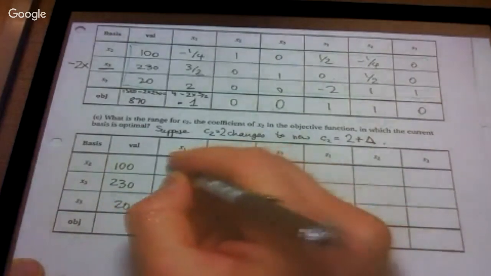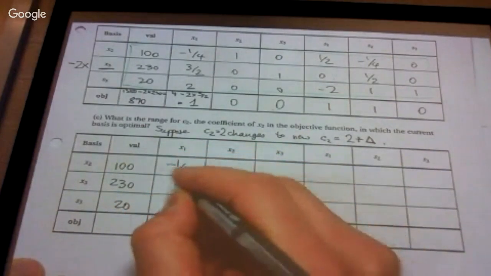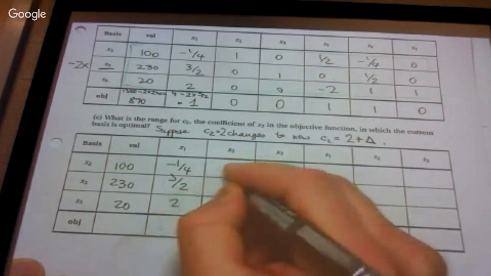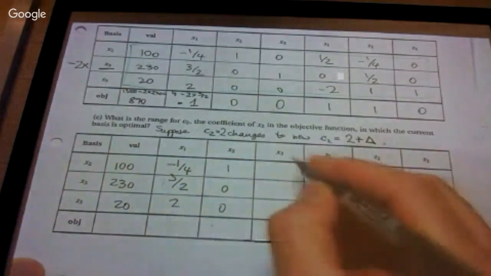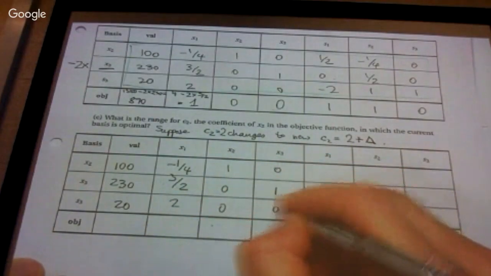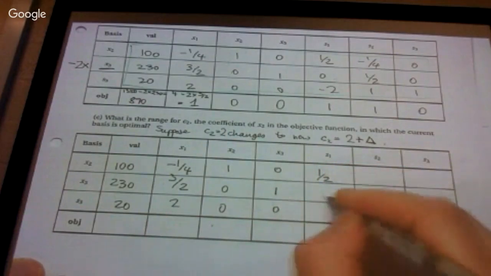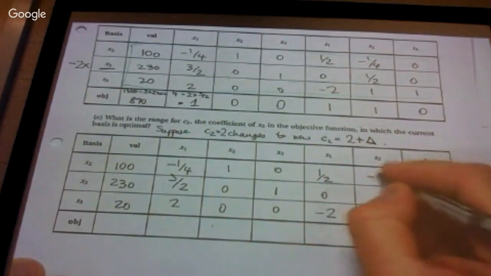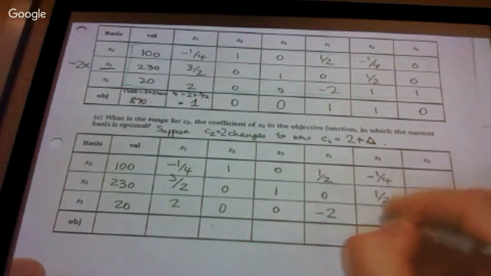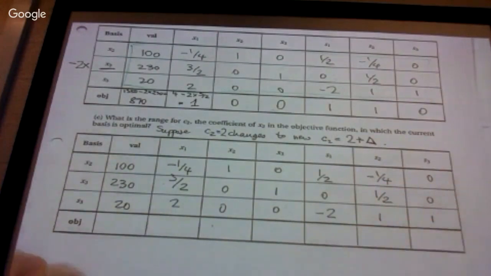as always, the top part of the tableau does not change at all. I'll put it there just to see what it actually is. 0 minus 2. Okay, this is what the tableau was before we did anything.